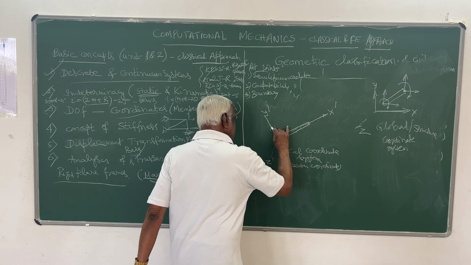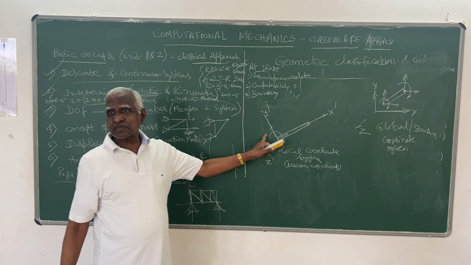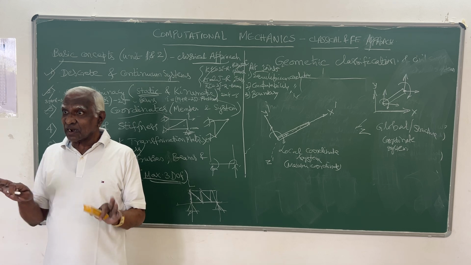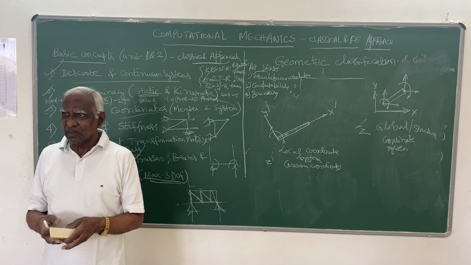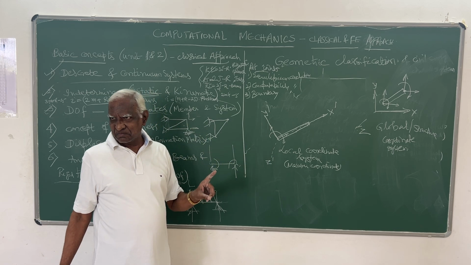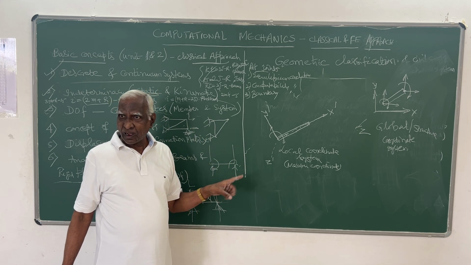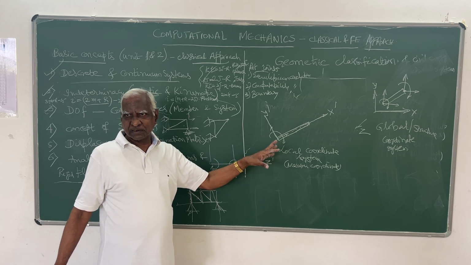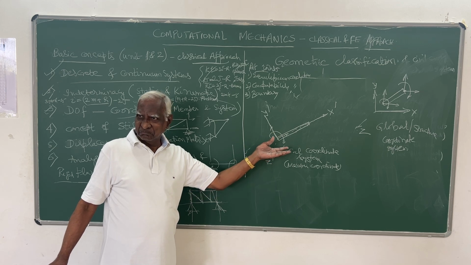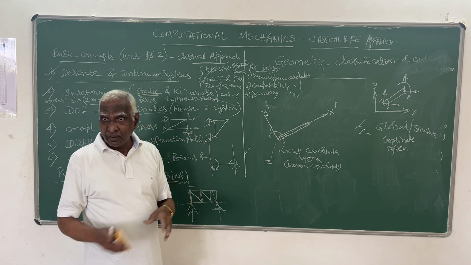So usually the internal member forces which are developed at the ends are chosen with respect to the local axis. Internal member forces to be determined are always with respect to the member axis. Or internal displacements, member displacements, and the internal energy stored, are always with respect to the local axis.